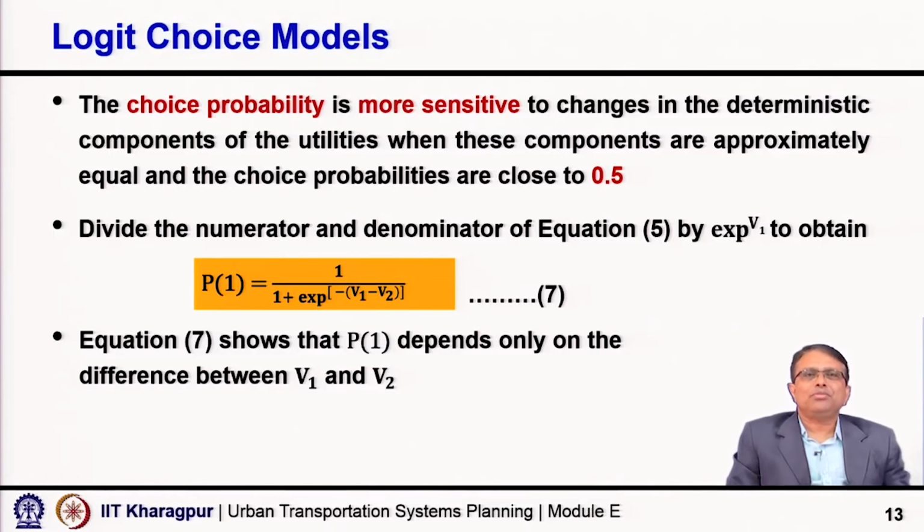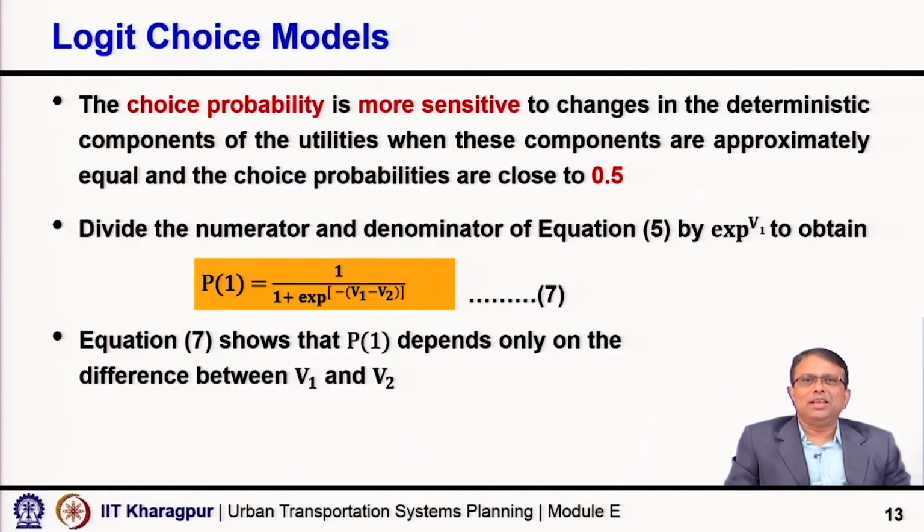Now, what we can observe here is that the choice probability is more sensitive to changes in the deterministic component of utilities when these components are approximately equal. E to the power v1 divided by e to the power v1 plus e to the power v2: if v1 and v2 are both the same, then what is the probability? The probability of choosing each alternative is 0.5.